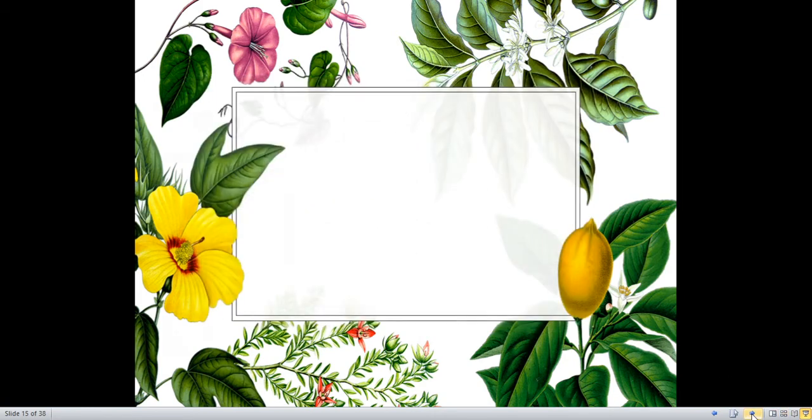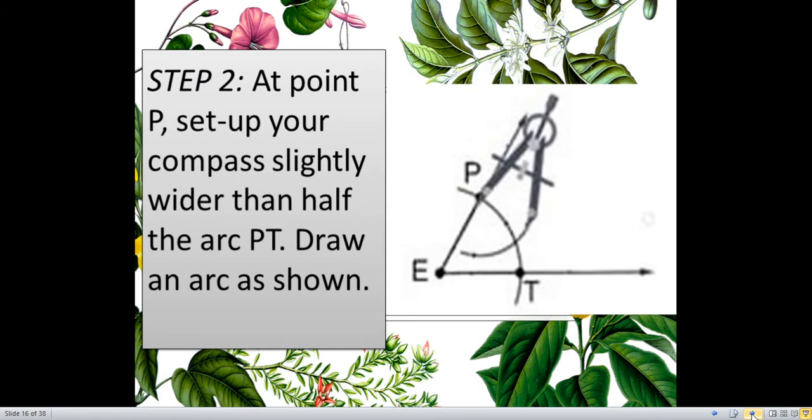And for the next step, at point P, set up your compass slightly wider than half. As you notice, it is always more than half of the given line segment or the given arc.